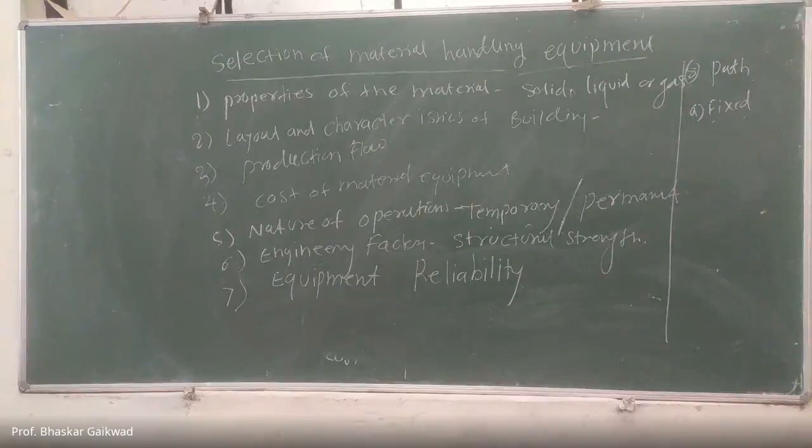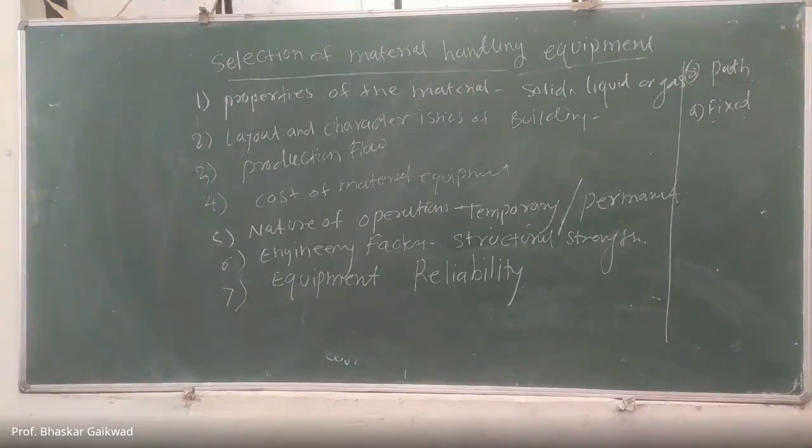And last point, particularly having that much scope in the industry, if continuous production is there, then we can select conveyors, overhead cranes, monorails, and different types of belt drives. Belt conveyors are there, chain conveyors are there, overhead cranes are there.